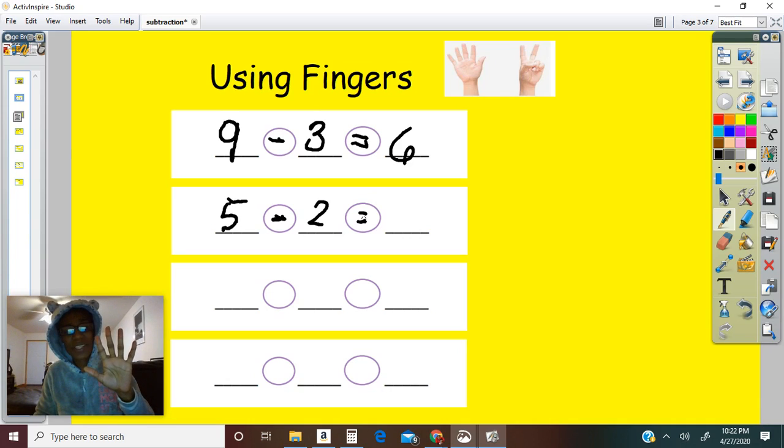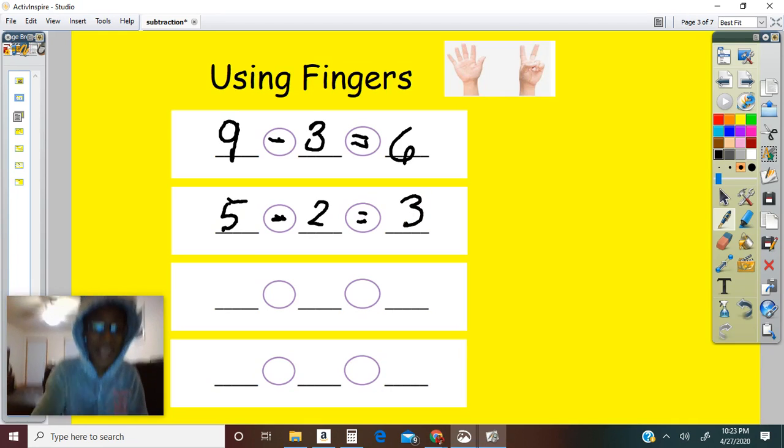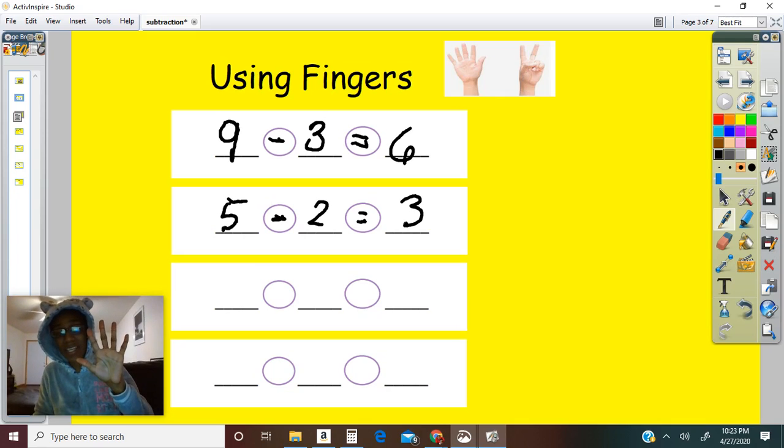And then we're going to take away 2. 1, 2. How many fingers do I have left? 1, 2, 3. So now we know that 5 minus 1, 2 leaves us with 1, 2, 3 fingers. Way to go, guys. Let's try a different one.